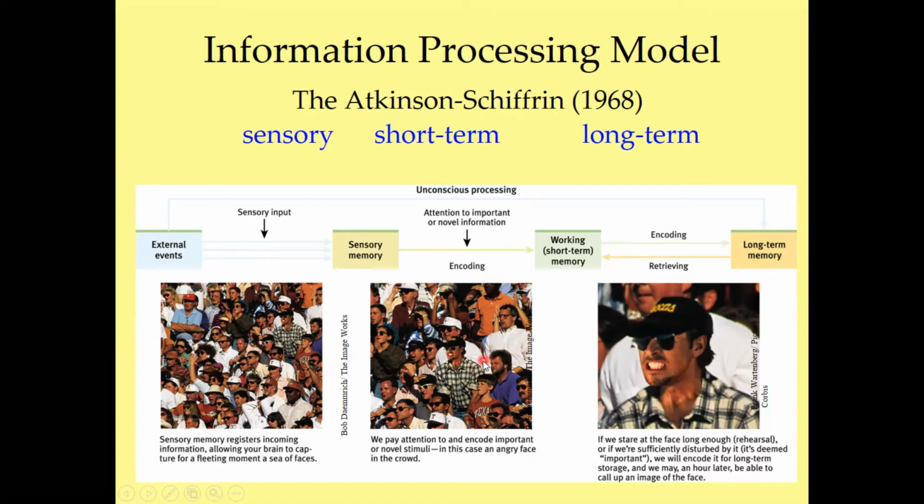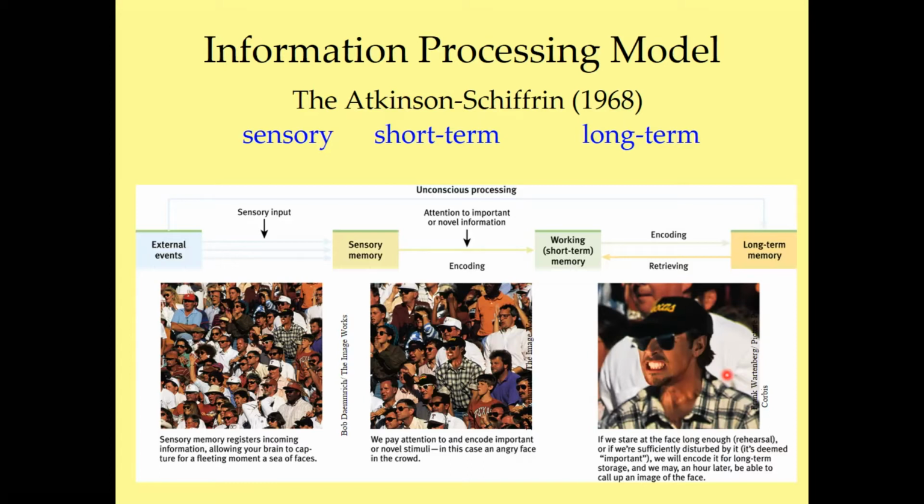So if we need to remember that information long term, then it is encoded into long-term memory. However, what we will learn is that only a small portion of that which was in short-term memory actually will end up being encoded into long-term memory.